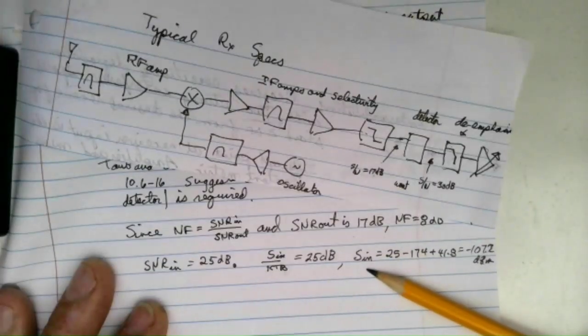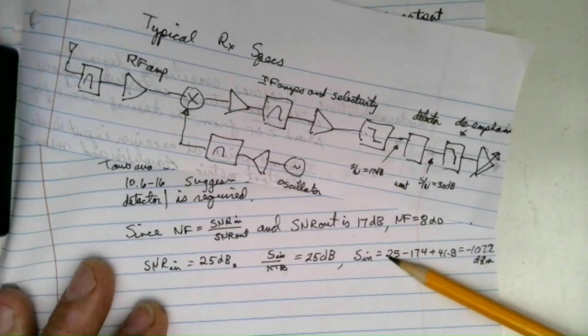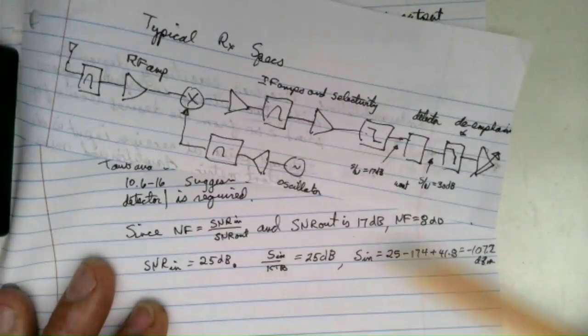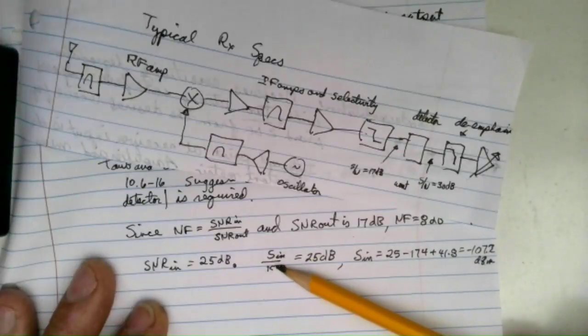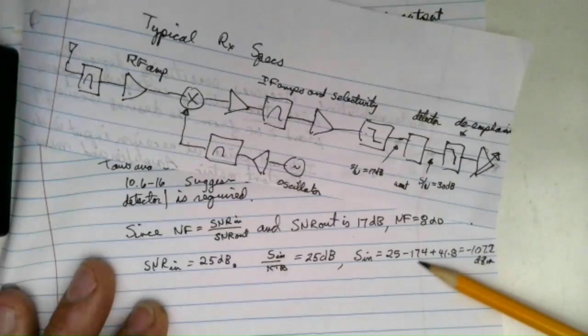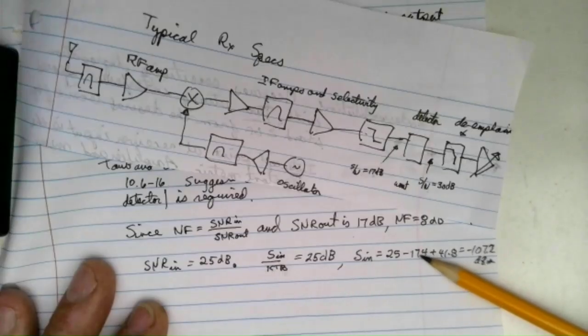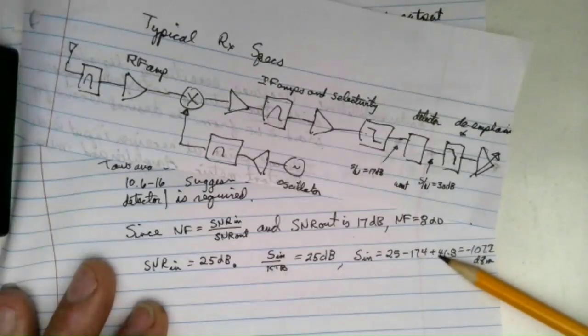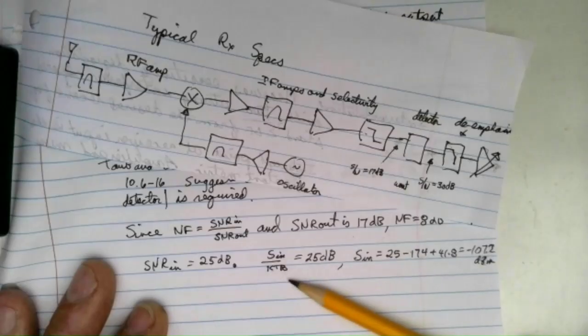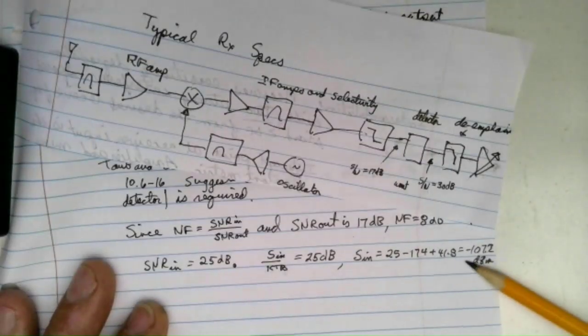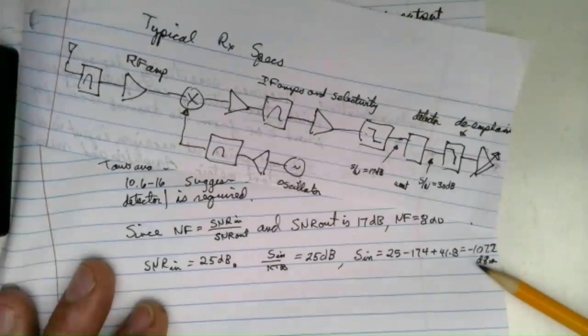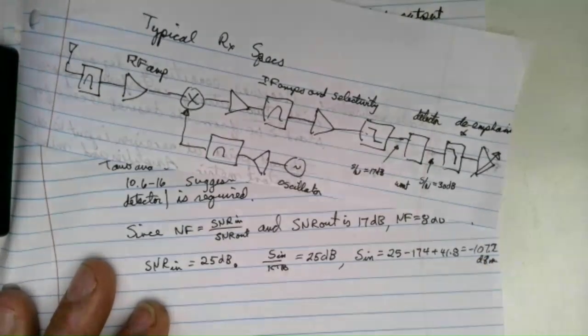Our SNR is going to be our 25 dB SNR that we need, minus 174 dBm per hertz. That's KT. And then plus 41.8 for 15 kilohertz, and adding those up gives us minus 107.2 dBm for our sensitivity spec.